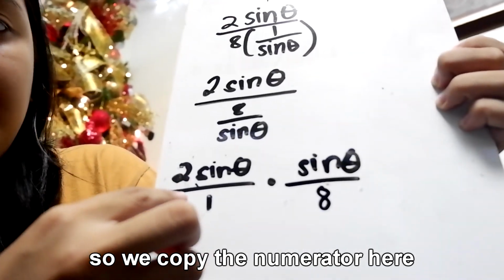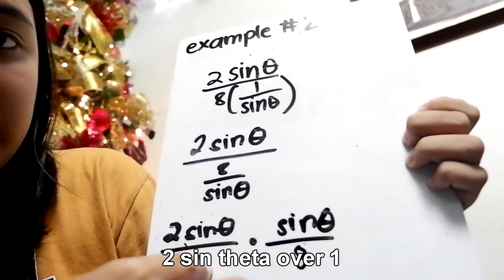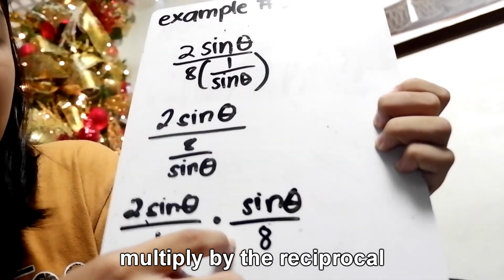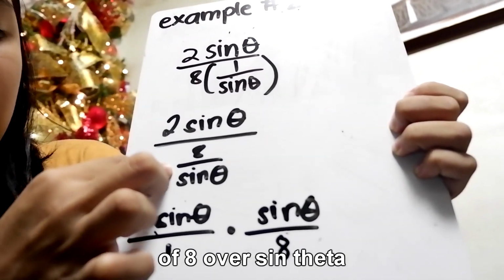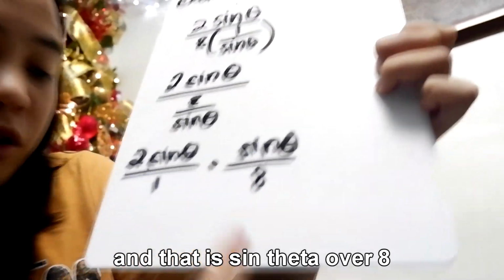So we copy the numerator here, 2 sine theta over 1 multiplied by the reciprocal of 8 over sine theta, and that is sine theta over 8.